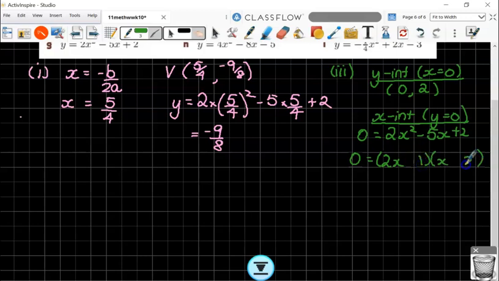So 1, 2. Now when I times them together, I get a positive answer, but when I add them, it's minus. So they're either both positive, which wouldn't help me with this, or they're both negative, and lo and behold, 2x times 2 is minus 4x, take 1 is minus 5x. I've factorized in the space of 5 seconds.